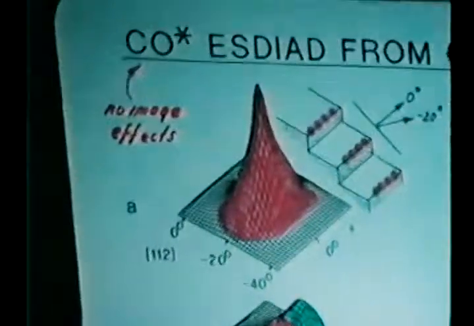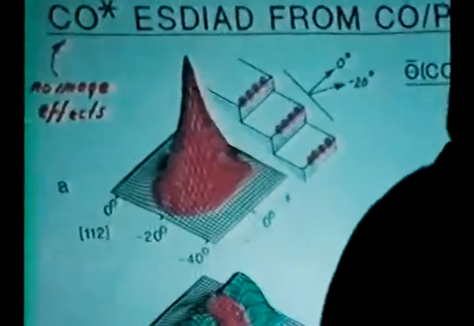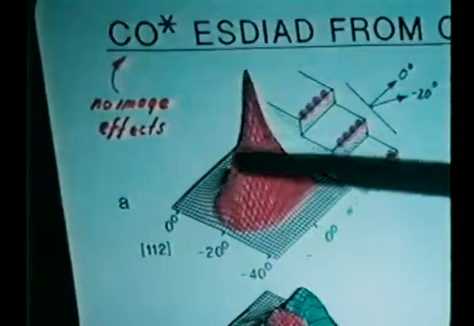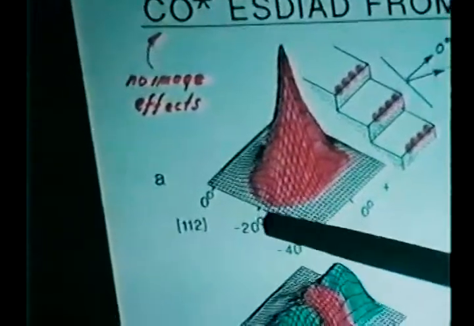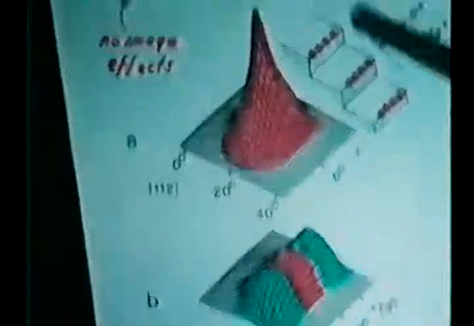So let's look and see what happens to the CO molecule as it crowds itself on this particular step plane. Under the conditions of the first picture here, we see the angular distribution of CO star, the neutral species, when the steps are 50% filled, so there's an empty space between every CO molecule. And we get primarily a single beam coming off the surface at an angle of minus 20 degrees to the macroscopic plane.